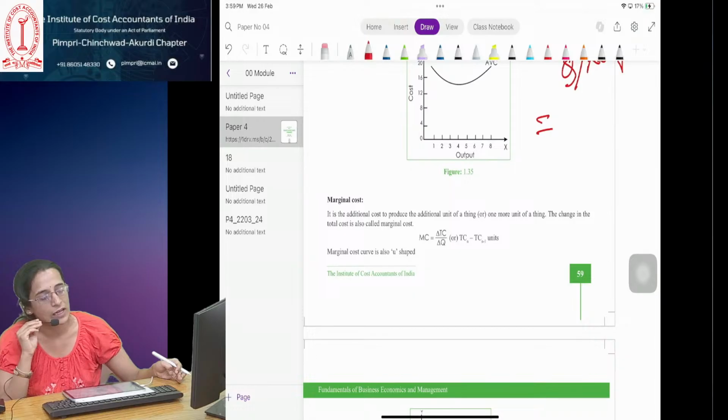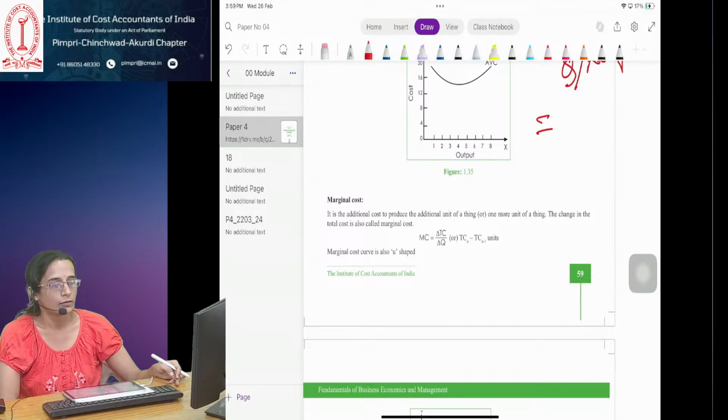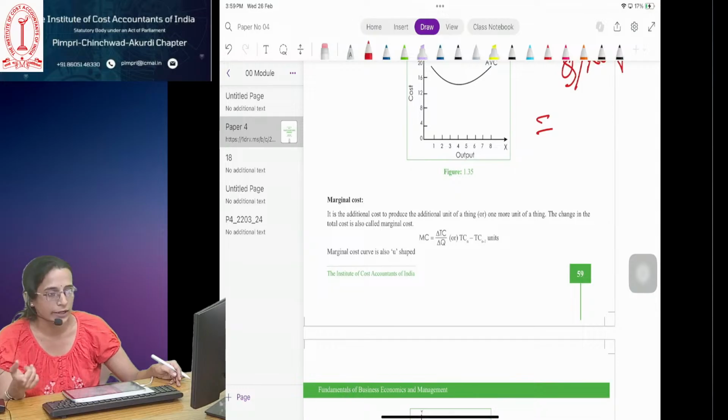Now Piyush, you tell me, I discussed marginal cost. What will be marginal cost? The change in the total cost due to change in 1 unit of output. So how will we derive it? Two formulas we discussed. Can you tell me those two formulas?